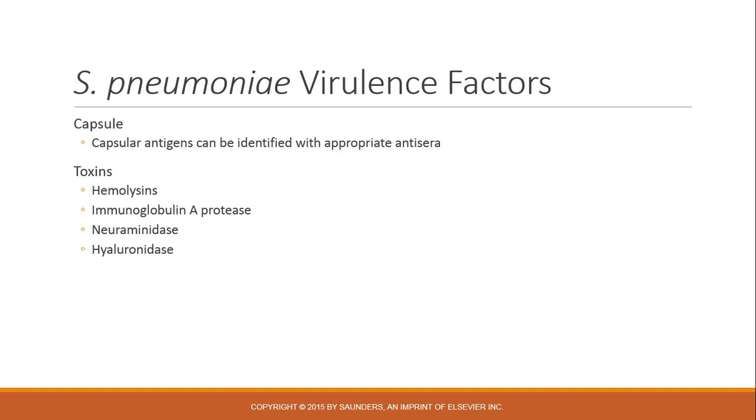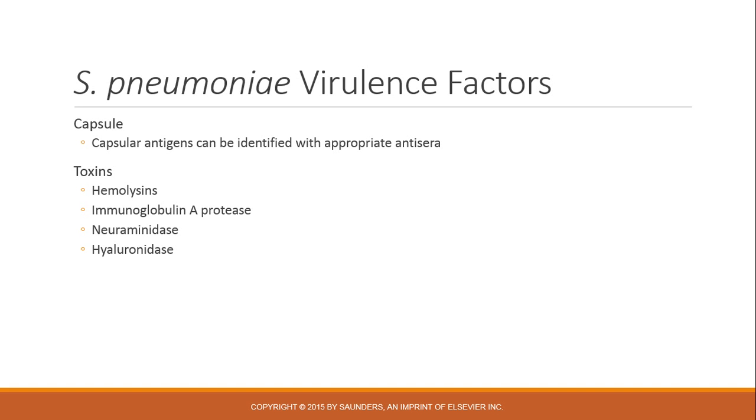We can also develop, like I was part of it, developed a vaccine against these capsular antigens. So many times it's given to the elderly, so they don't come down with this kind of pneumonia. It produces toxins like hemolysins, this immunoglobulin A protease, which is a protein that breaks down immunoglobulin A in your saliva and in your tears.